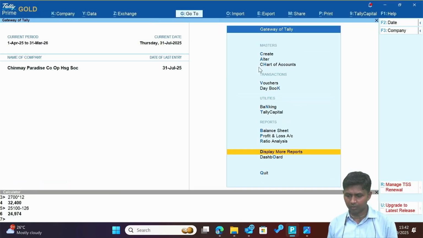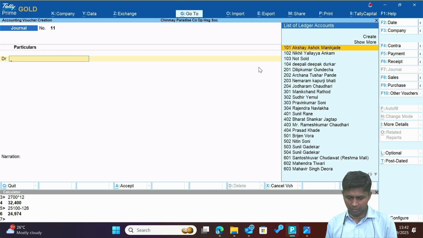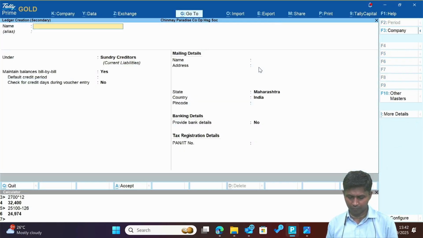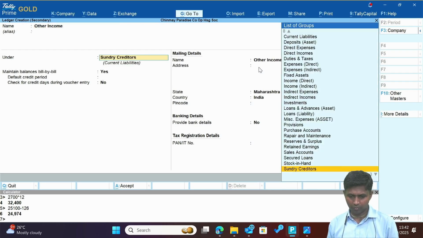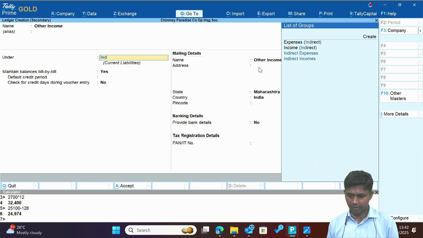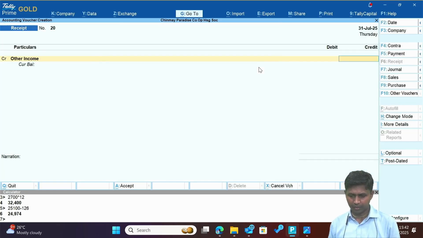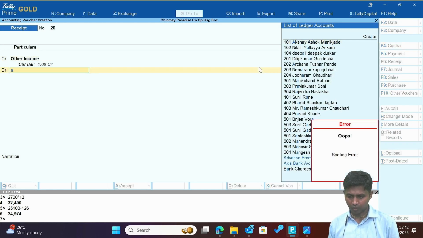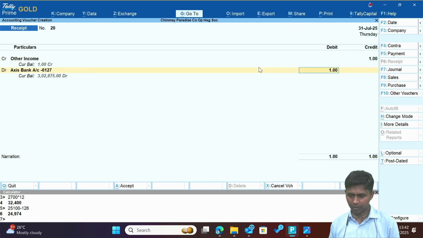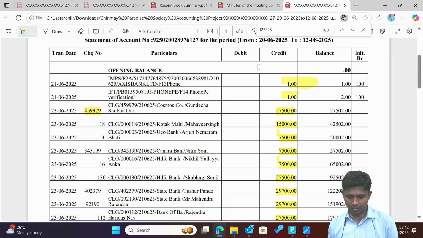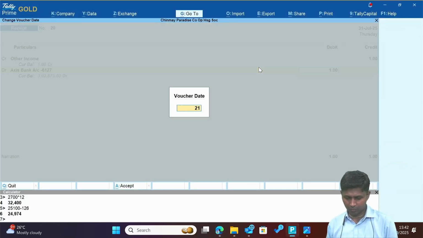Now in the vouchers, say this is a receipt, F6, and other income under indirect income, accept it 1 and 1, let's say 2, or you can pass two different entries. In the Access Bank we have got a date 21/6. Check 21/6.